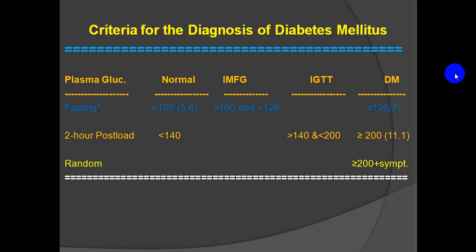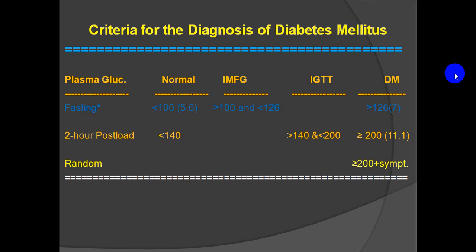After giving the patient 75 grams of oral glucose, normally the plasma glucose should be less than 140 milligrams per deciliter after 2 hours. If the plasma glucose is more than 140 and less than 200 milligrams per deciliter 2 hours after the oral glucose intake, the patient is said to have impaired glucose tolerance.